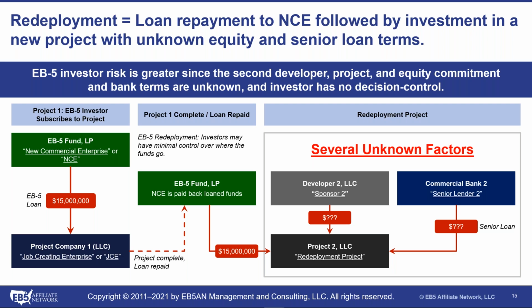Older deals, older transactions in particular, clearly had issues because they didn't address redeployment, because redeployment was not understood in great detail until the June 14th, 2017 policy memo was issued by USCIS, which set a template, which was amended by the July 24th, 2020 modification to the policy memo addressing redeployment in more detail.